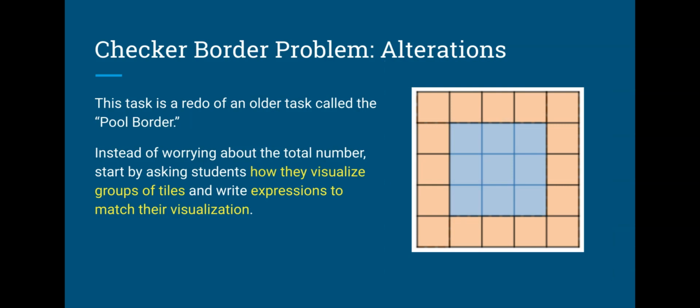So instead of using the C 2.0 checker border, for this video, we're going to go back to the original version, the pool border, where we're just looking at the tiles around the blue pool in the center of this square. This task is also available as a Desmos activity, and the Desmos activity is true to the original pool border problem and is excellent as a replacement for the checker border lesson.